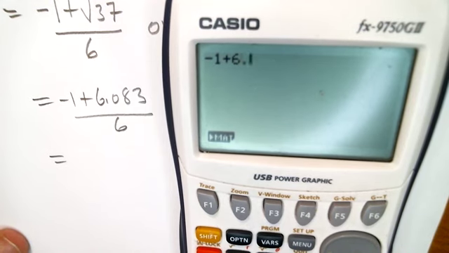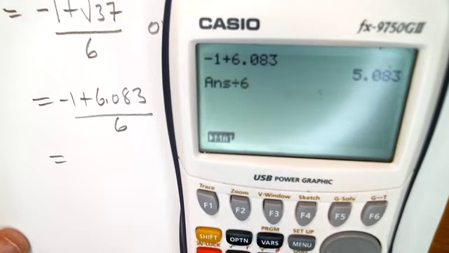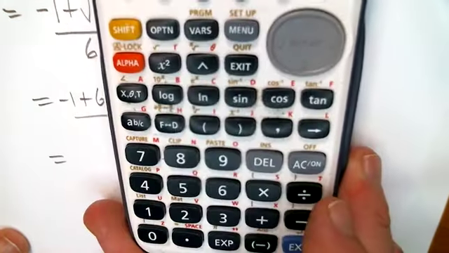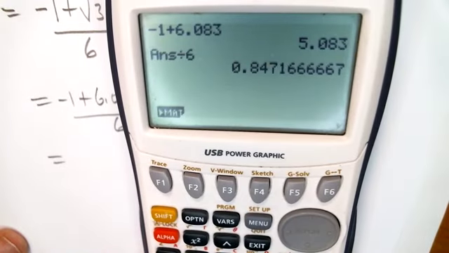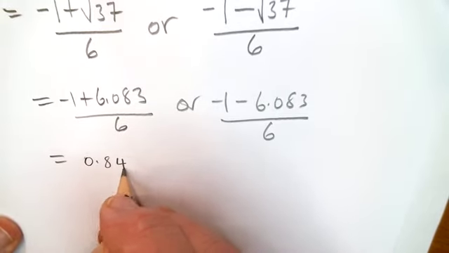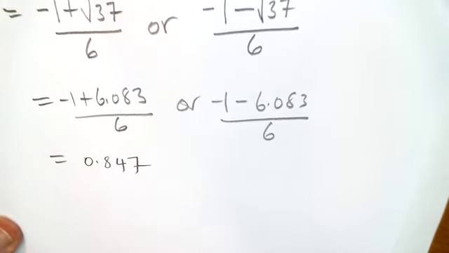So it's 6.083. Is that correct now? Did I get that correct? Yes, good. And that's divided by 6. Where do we get it? 0.84. It's not very in focus, is it? That's better. 0.847. All right, that looks good.